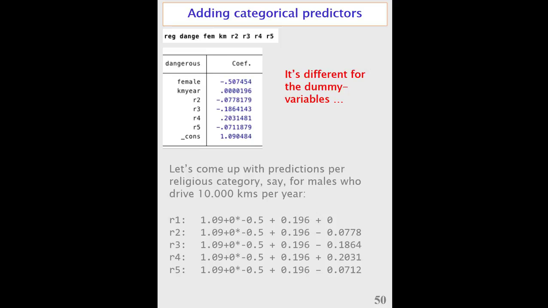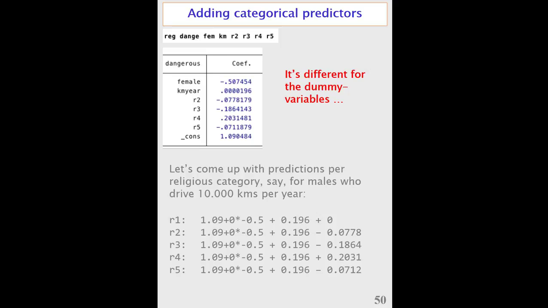If I'm in category 1, R2 is 0, R3 is 0, R4 is 0, R5 is also 0. So none of these coefficients enter the equation. So my prediction in this case is exactly this number. I didn't calculate the actual number, but this is how I would calculate it.